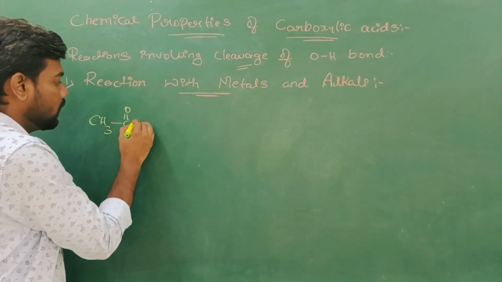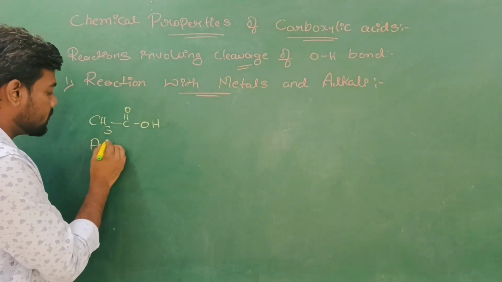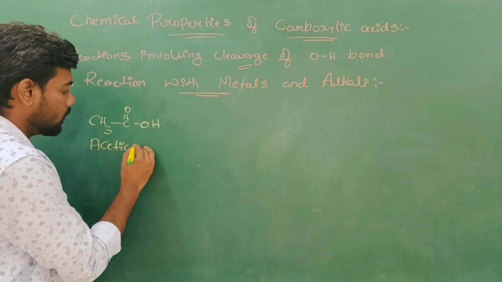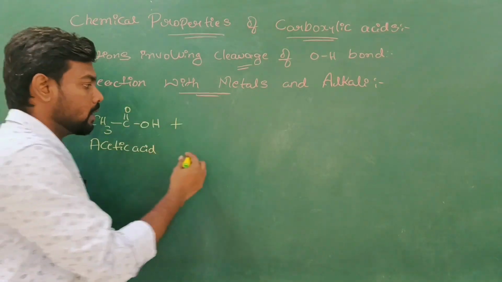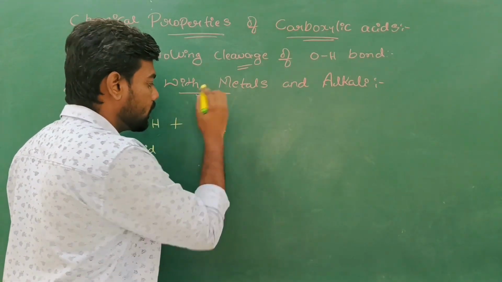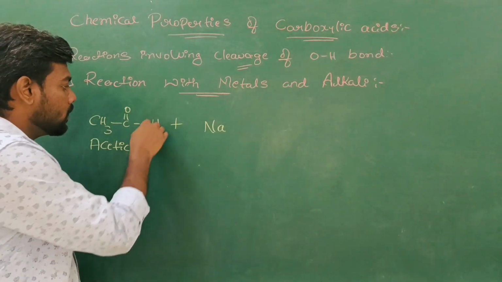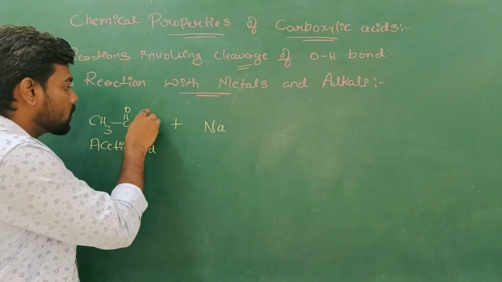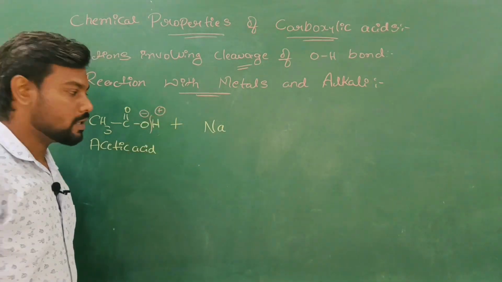For example, when ethanoic acid or acetic acid is on reaction with sodium metal, the bond will break, the oxygen carries negative charge, and the hydrogen atom will carry positive charge.